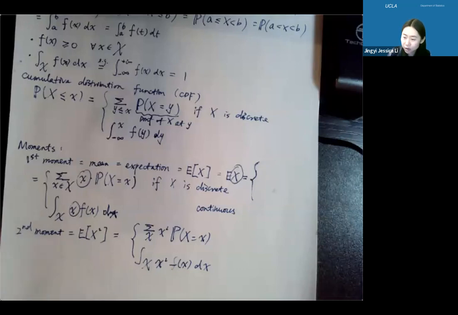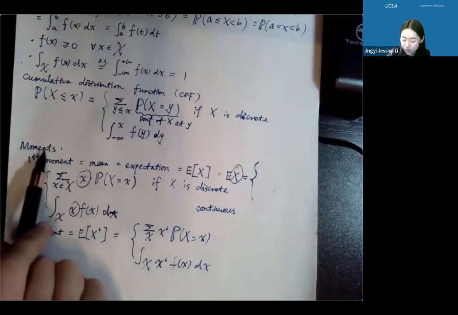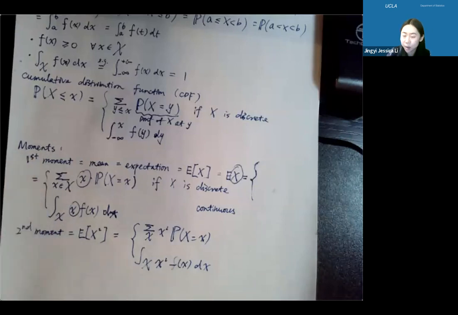Okay, so far, do we have any questions about those concepts? We're just talking about probability, not statistics yet. For today, we'll talk about the moment generating function next, which is about how we generate those moments, and it is still a probability concept.